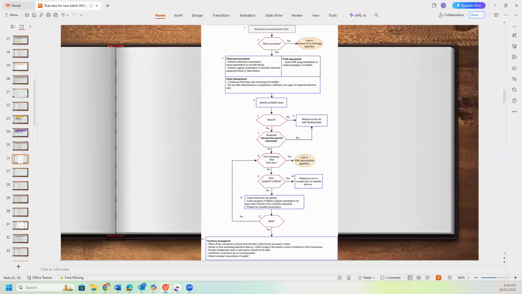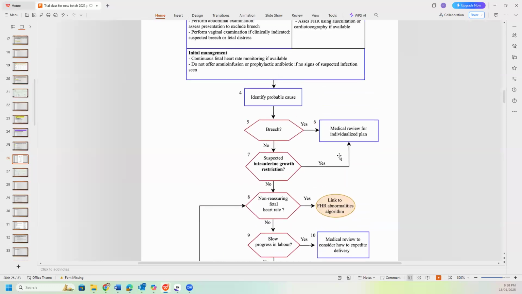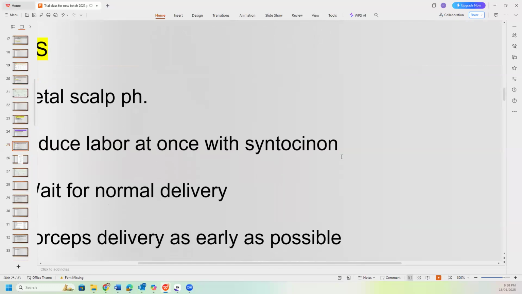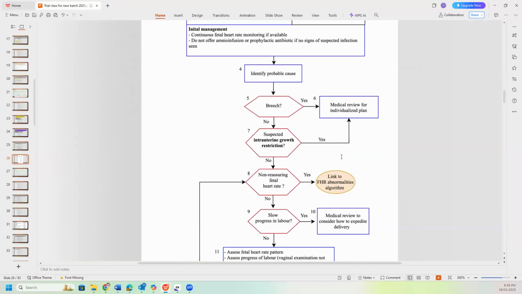Let me explain it to you. It was a primigravida mother who came at term with rupture of membranes, Dr. Sapphire, and her liquor was meconium stained.